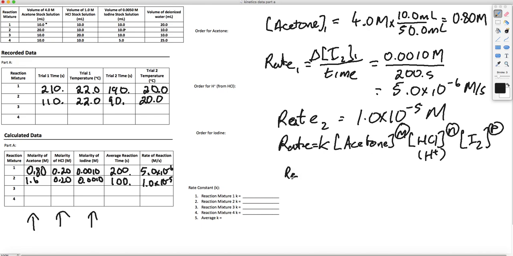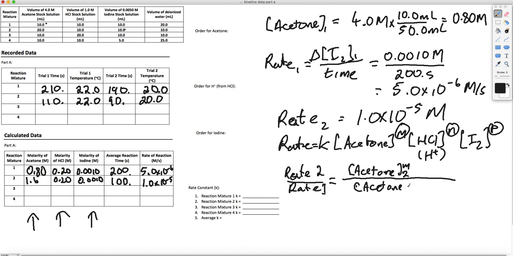We'll do rate 2 over rate 1 equals acetone 2 to the m over acetone 1 to the m, then HCl 2 to the n over HCl 1 to the n, I2 2 to the p over I2 1 to the p.